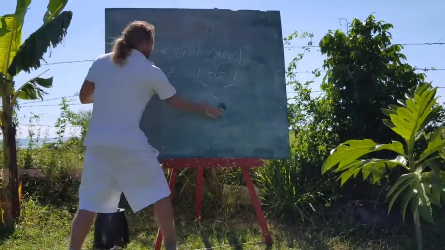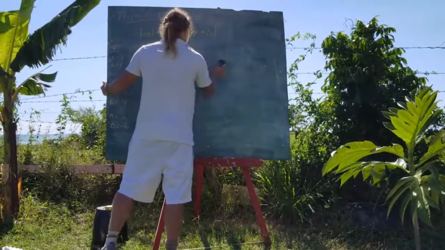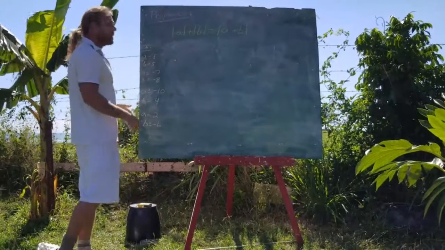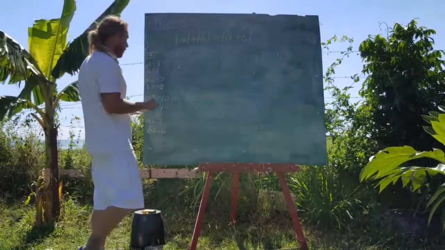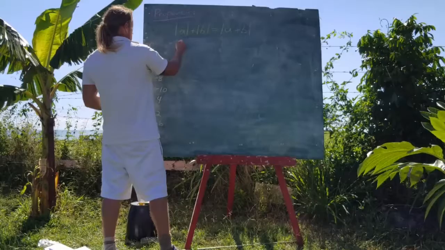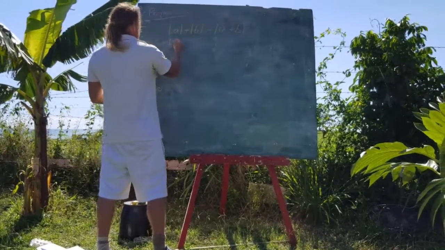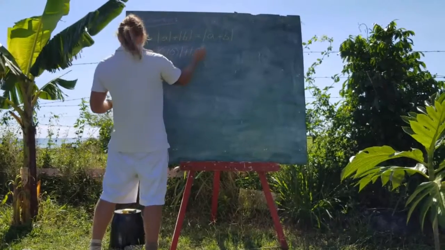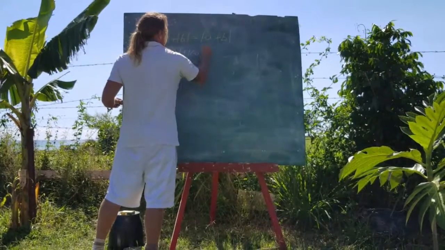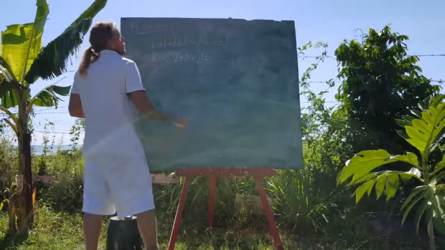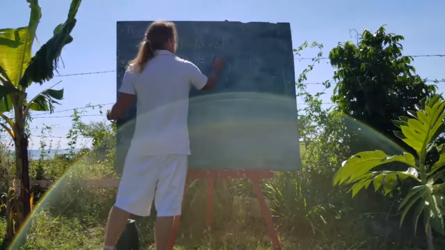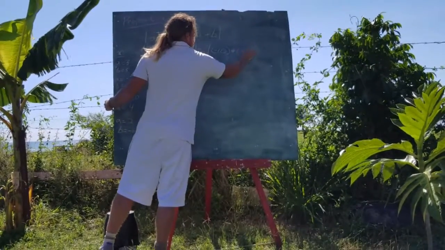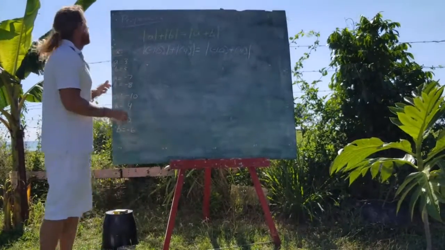The first example we'll look at, we have A is negative 10, and B is positive 4. So we have the absolute value of negative 10 plus the absolute value of 4. Is that equal to the absolute value of negative 10 plus 4? Well, let's find out.